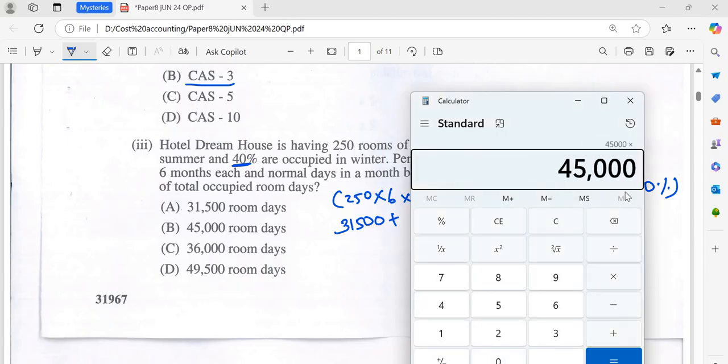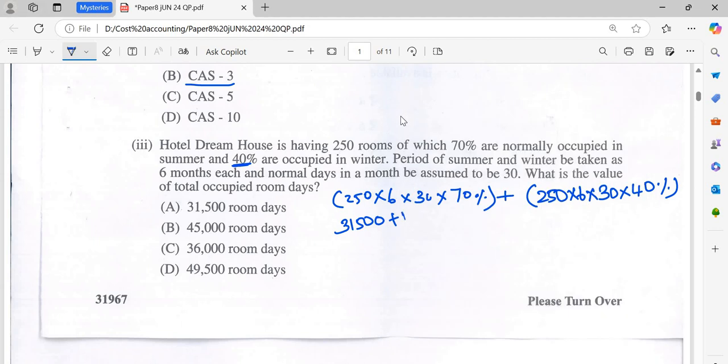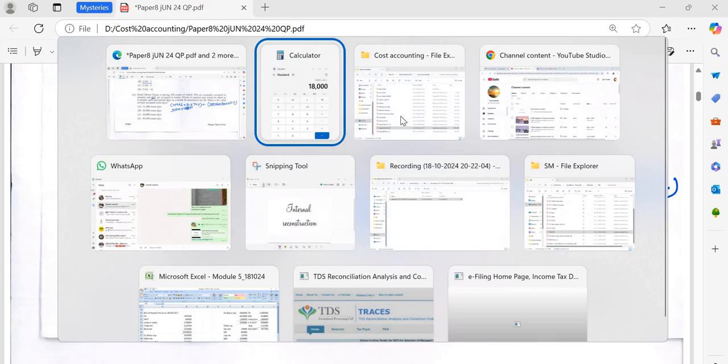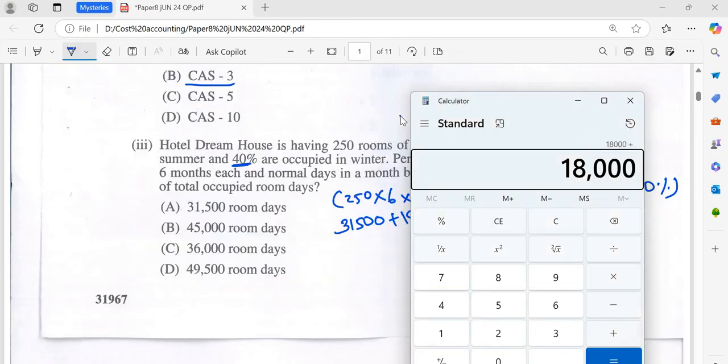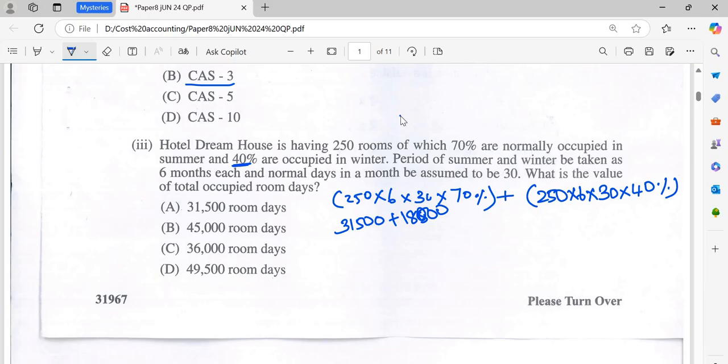Same formula I'm applying for 40 percentage, so I'm getting 18,000. So 31,500 plus 18,000, 49,500 room days. So option D is the right answer.